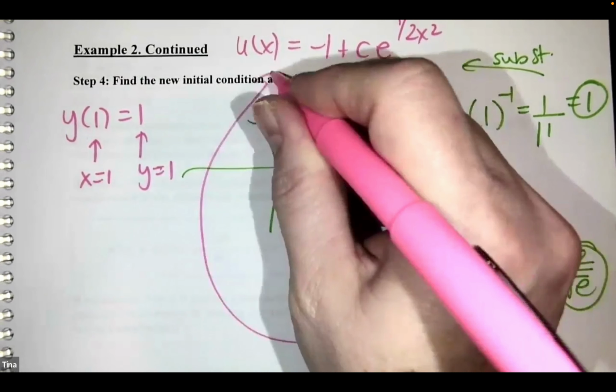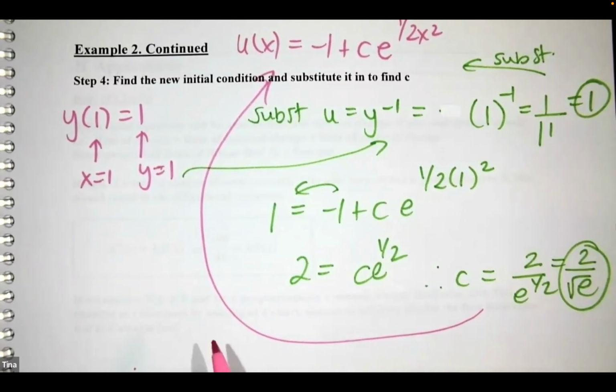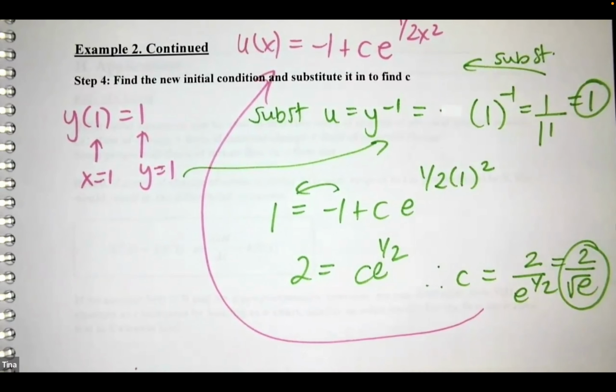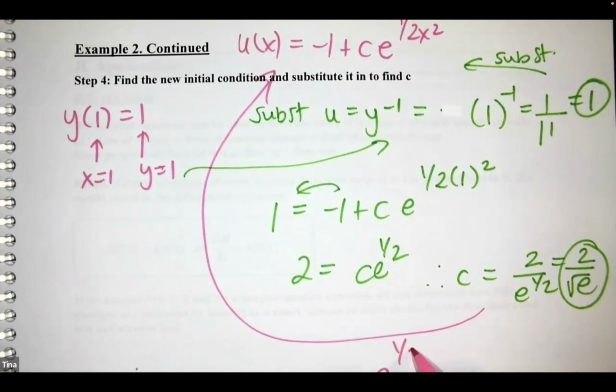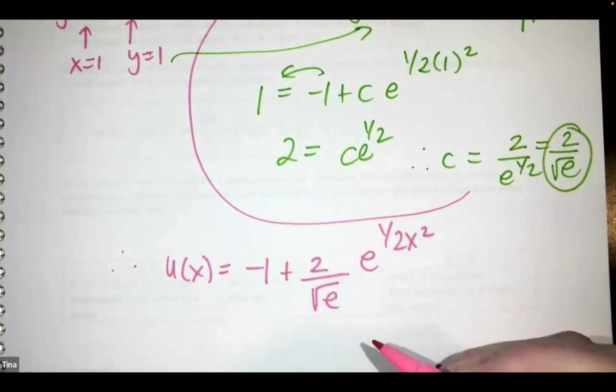Okay, substitute that back in, and basically you're done now, right? You just have to solve for your y. And then this is y to the negative 1.